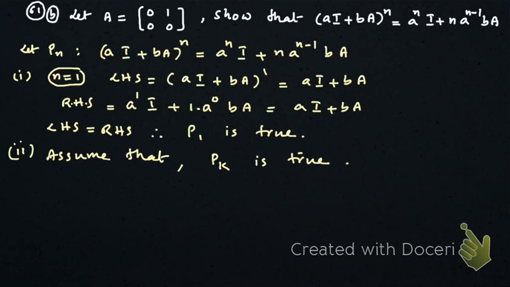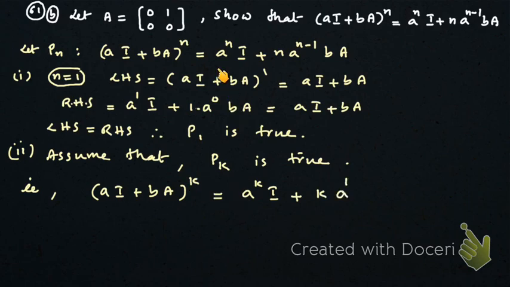So I'll say therefore (aI plus bA) the whole raised to k is equal to a raised to k into I plus k times a raised to k minus 1 bA, equation number 1.